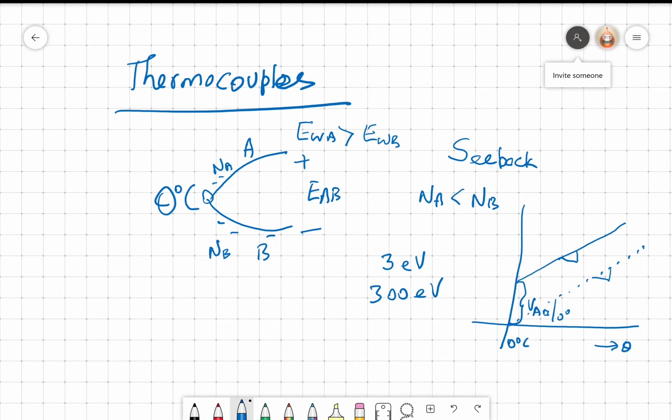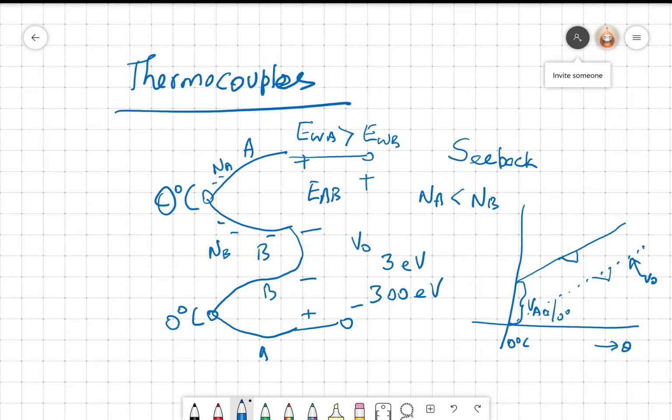So what I do is I take the same B and A. Now I keep this terminal at 0 degree centigrade. Then the voltage available, I call this V0. So at 0 degree centigrade, whatever voltage is generated by the AB junction here will be cancelled with this. So at 0 degree centigrade, V0 will be 0, and as I keep increasing the temperature, I will get very linear characteristics.